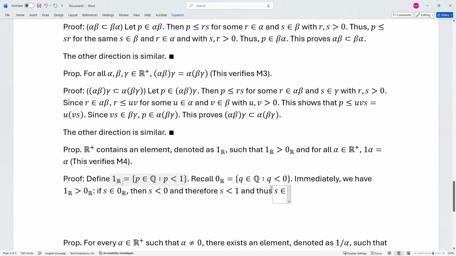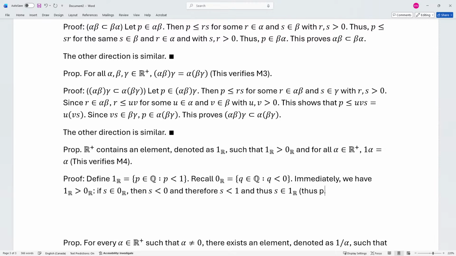So this shows containment. And now we need to show proper containment. Why proper? Well, the rational number 0 is in 1 but is not in 0R. It's proper containment. And this proves containment only.